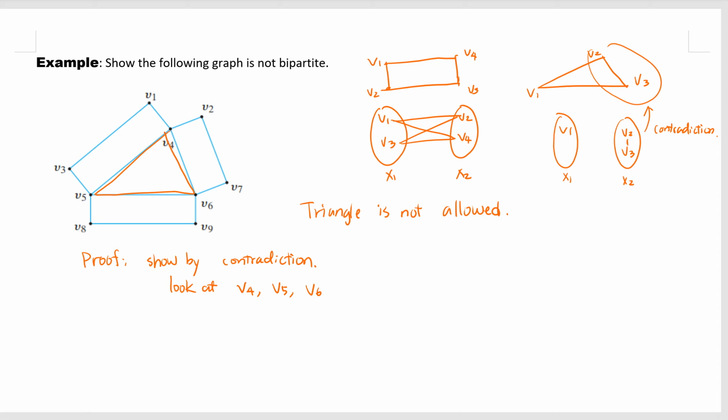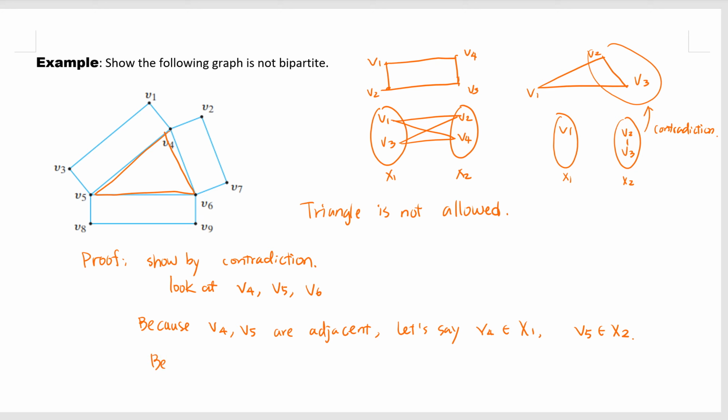Because V4 and V5 are adjacent, let's say V4 is in x1. Then we have V5 in x2.